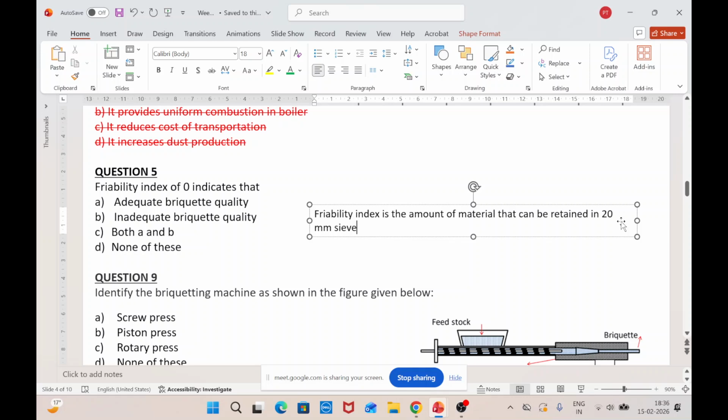All the densely packed briquettes are going to be in the form of fragments, so that's how they pass through the sieve. Since all the briquettes become fragments, what does it say about the briquette quality? Is it good or is it bad?